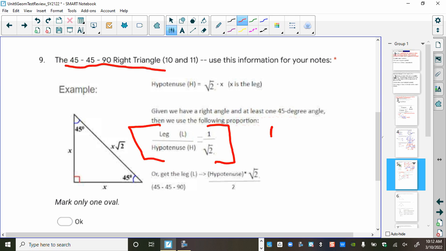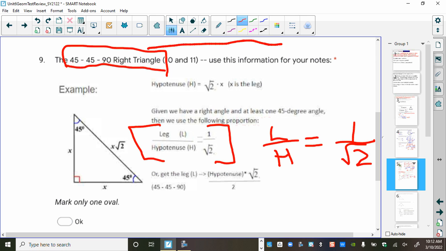So if you want, I'll write it bigger. L for leg, H for hypotenuse equals 1 over square root of 2. So for the 45, 45, 90, this is the proportion we use.